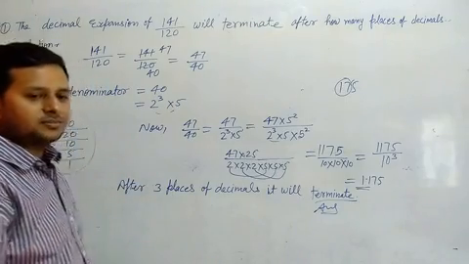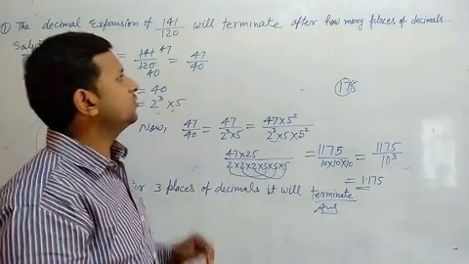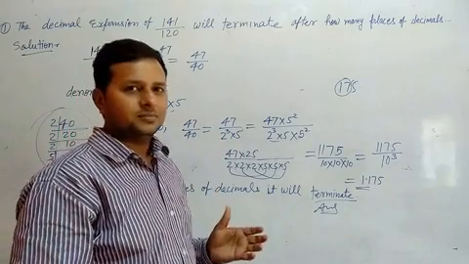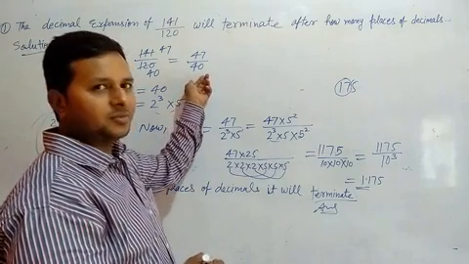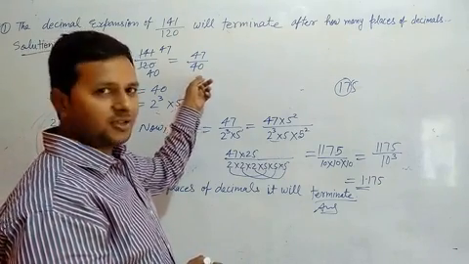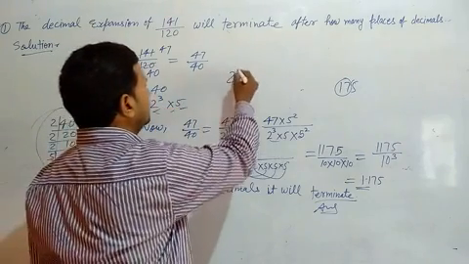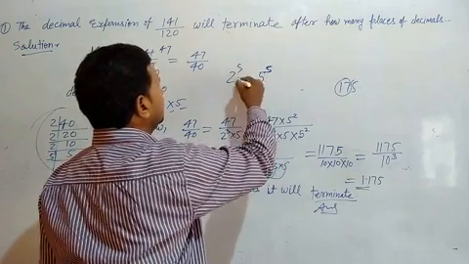I hope you understand this type of question very well. Other questions you can also solve without fully solving them. We only have to find the denominator in the simplest form and factorize it. If it is in the form of 2s and 5s, it is terminating.